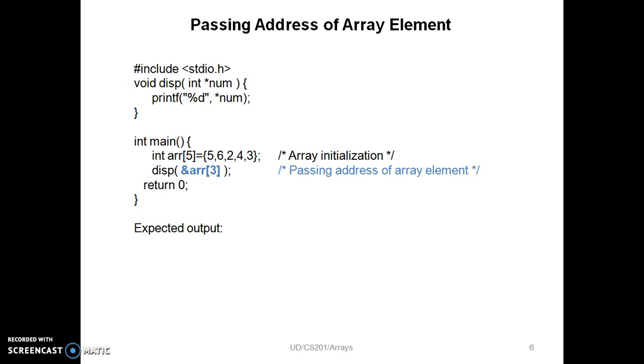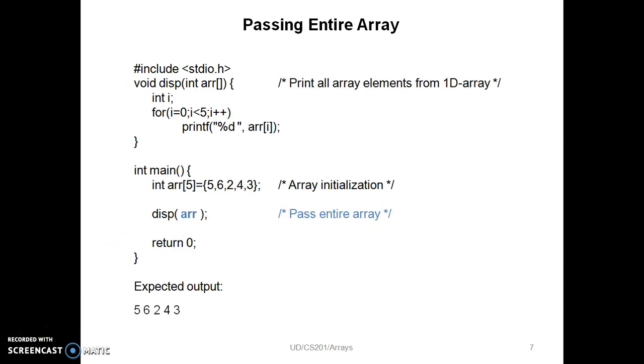You're just getting the flavor right now, but you'll grab the details while we explore the concept of pointer, which will be another lesson after this. In any case, the address has been supplied, and from that address it will pick up the value. What was the value at that particular address? It was 4. So from the same address, it pulls up the original value, and that's how it is able to print 4. That was the expected output.